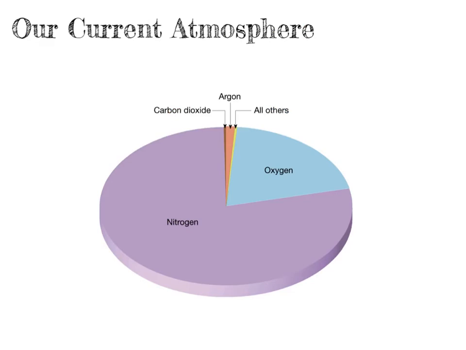So they are the main changes in the early atmosphere to the current atmosphere. So we have got lots and lots of carbon dioxide in the early atmosphere, reducing over time through photosynthesis, carbon dioxide dissolving in oceans and being locked up in seashells, sedimentary rock and fossil fuels, leading to carbon dioxide existing in just trace amounts in our current atmosphere. Likewise, we've gone from absolutely tons of water vapour in the Earth's early atmosphere down to trace amounts now, and this is due to the cooling of the Earth and the water vapour in the atmosphere condensing, raining and forming oceans.